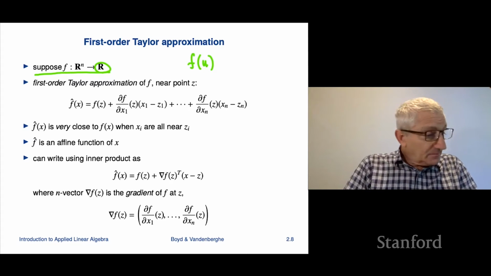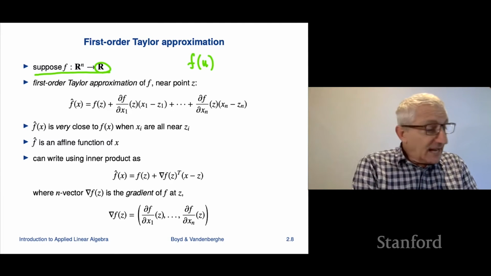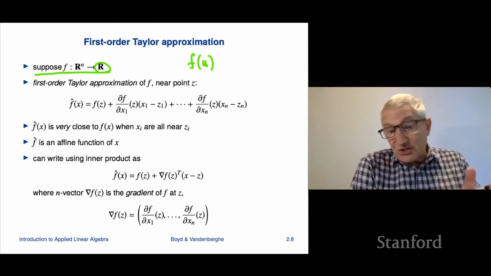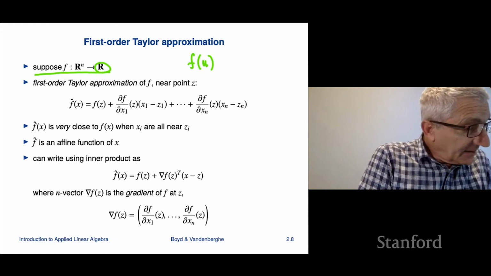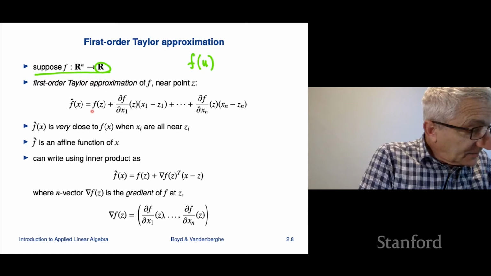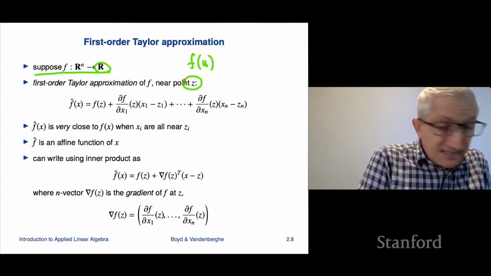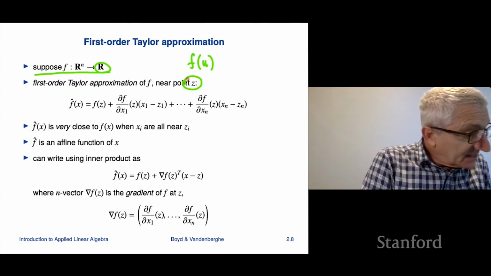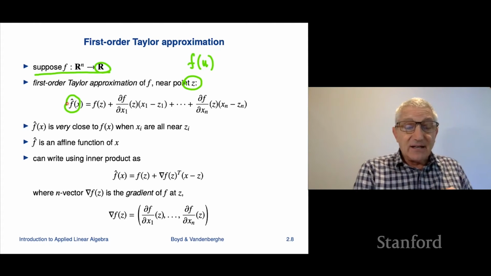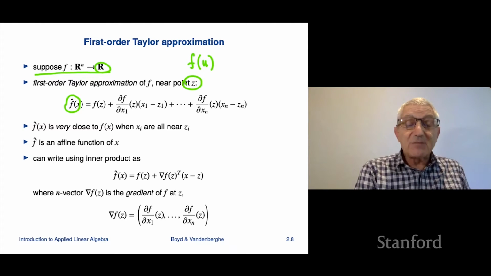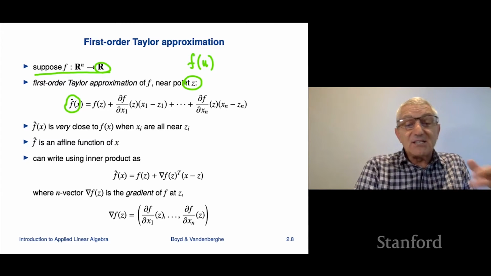All right, so the Taylor approximation is just this. It's the first order Taylor approximation, and we're going to develop this near a point z. It's f hat, and the hat is common mathematical notation that hints that it's an approximation.